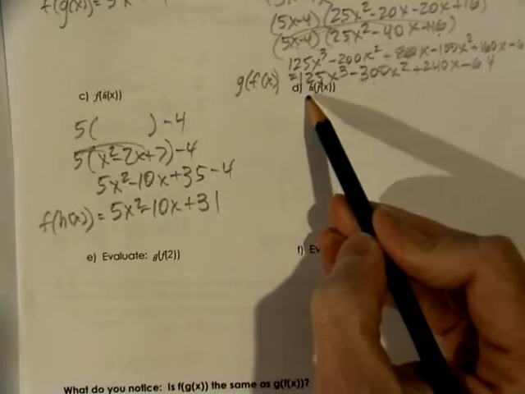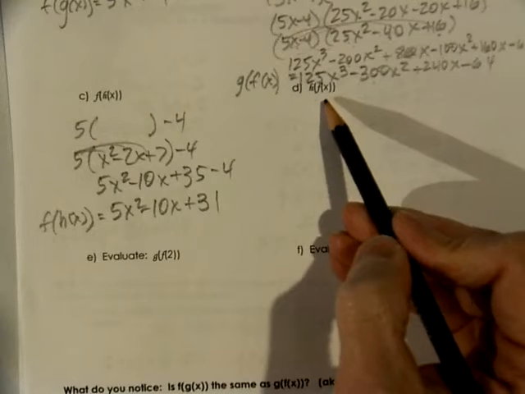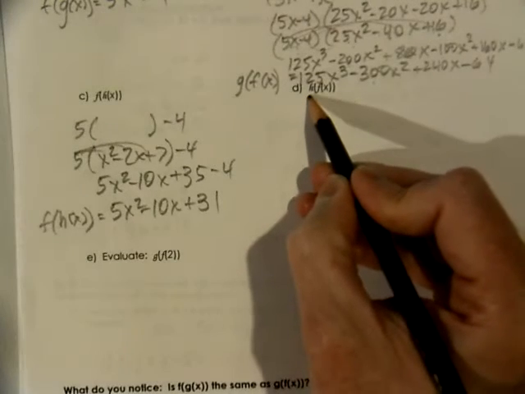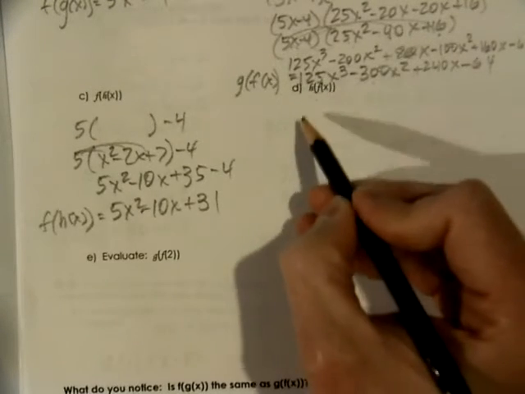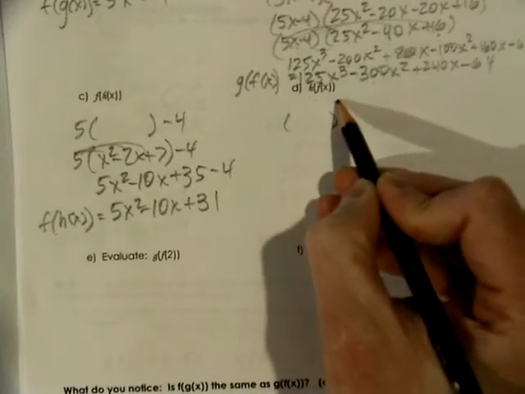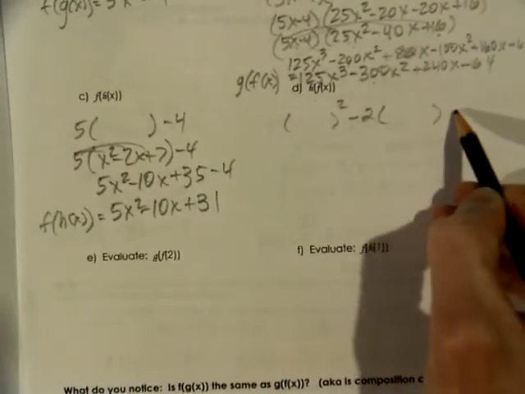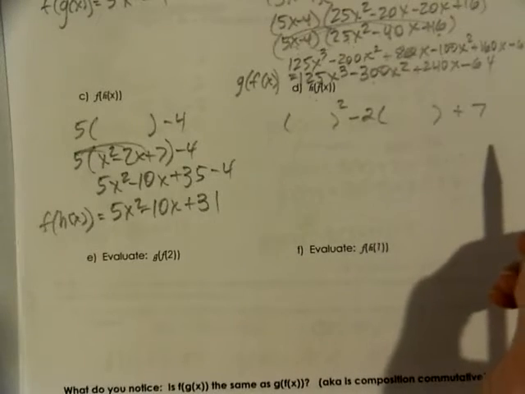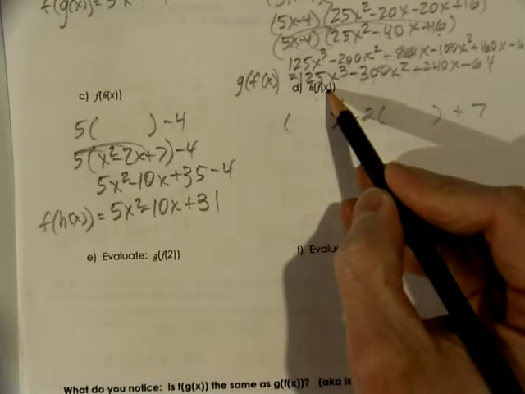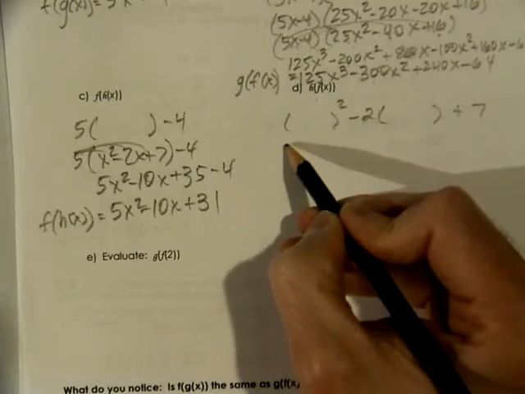Now let's try h of f of x. Well, you take the h, which is x being squared, minus 2 times x plus 7. You put your f function inside of that.